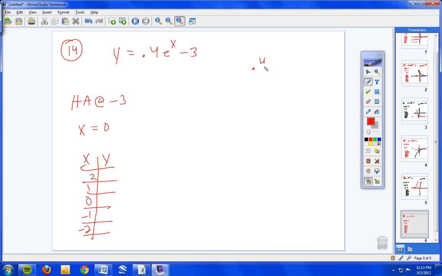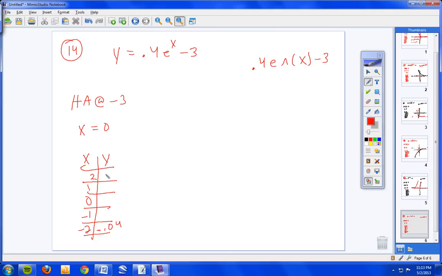Now you want to type in 0.4, then your E button, and up pops E with an arrow and a parentheses. Type in X, then close the parentheses, and then negative 3. That's exactly what it should look like if you're typing it in correctly. Alright, let me scroll down on my table of values. 2 would give you, no, that is incorrect.